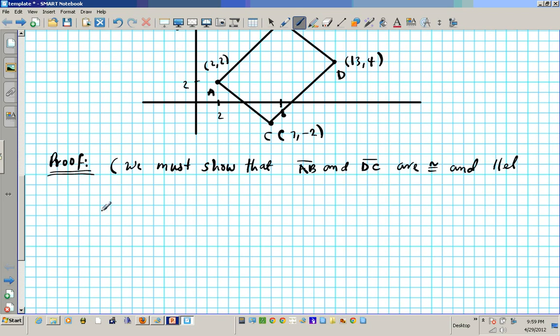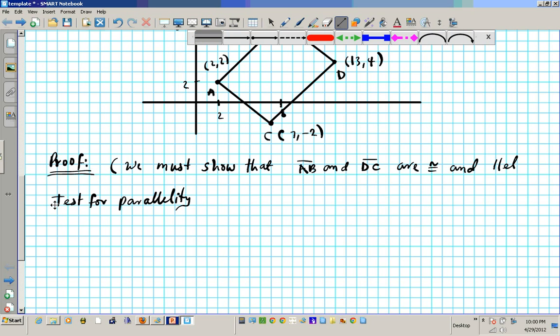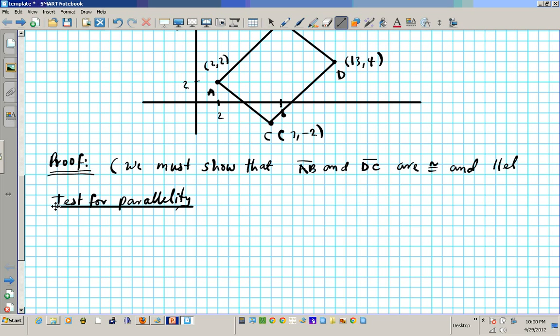First part is we want to do the test for parallelity. Basically what we're trying to show here is segment AB is parallel to DC.